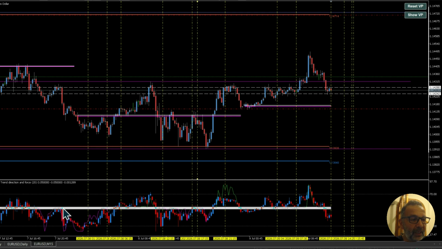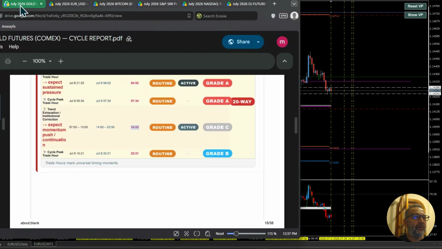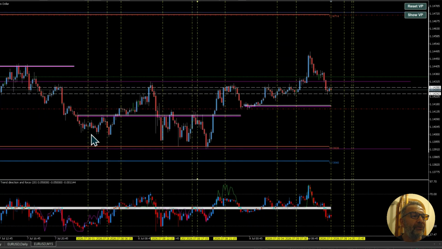The important thing here for yesterday to know was, according to our map, this is gold, let's go to euro dollar, it's going to be a gain day. So what we want to do on a gain day, obviously, is to buy lows, right? So the first thing we want to do is to identify lows and when they're happening.